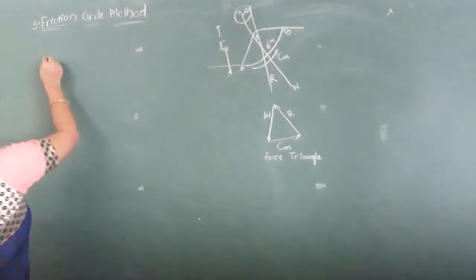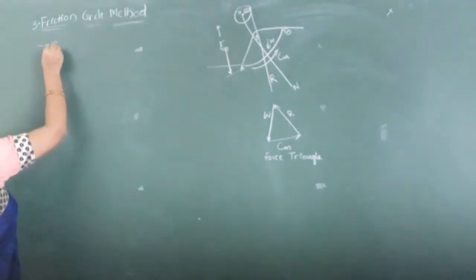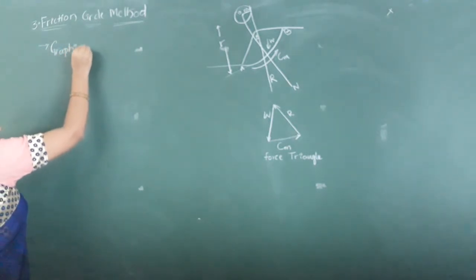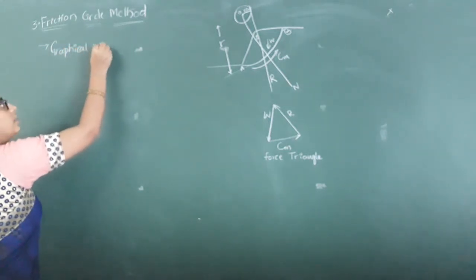The friction circle method is a graphical and mathematical method.